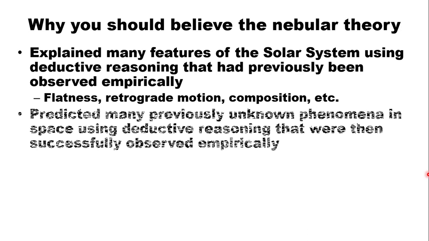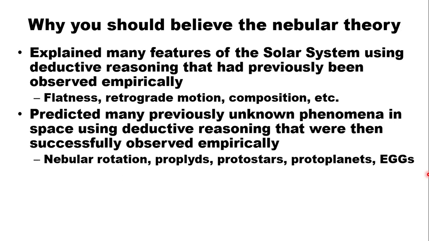But more impressively, it also successfully predicted many now empirically observed phenomena that were unknown before the hypothesis was developed. Things like nebular rotation, protoplanetary disks around other stars, protostars within other nebulae, protoplanets accreting within protoplanetary disks, and the evaporating gaseous globules.